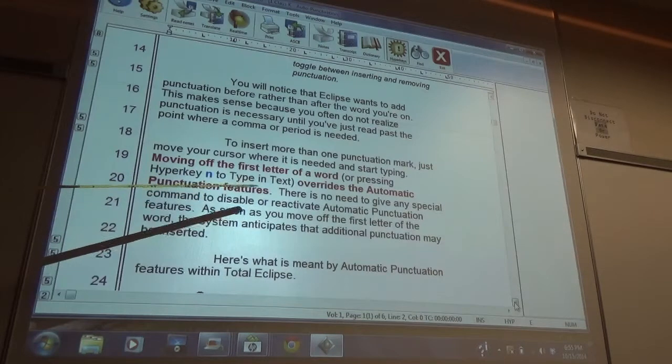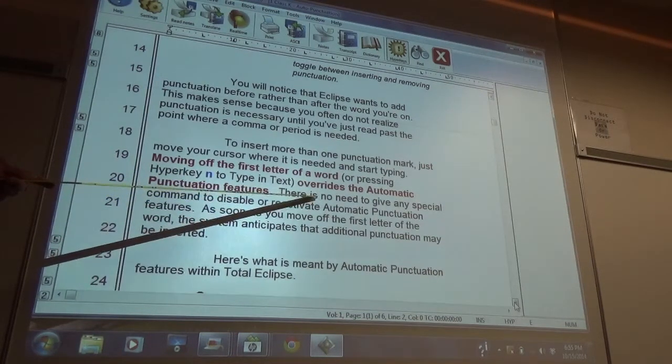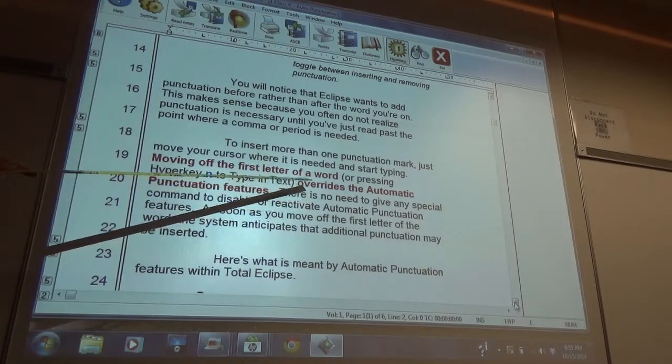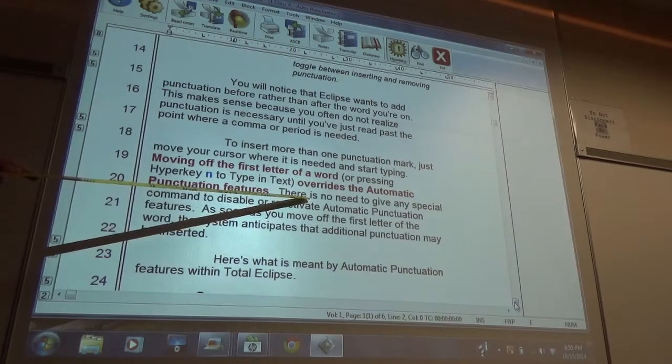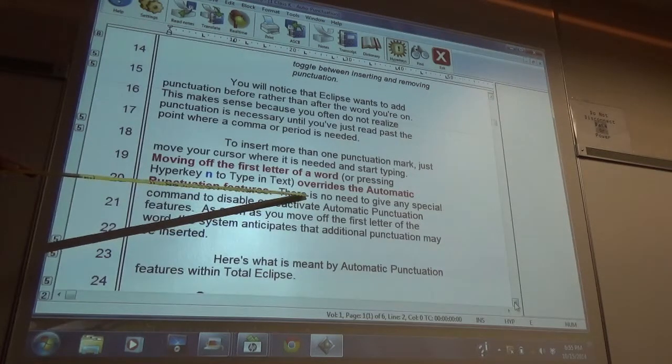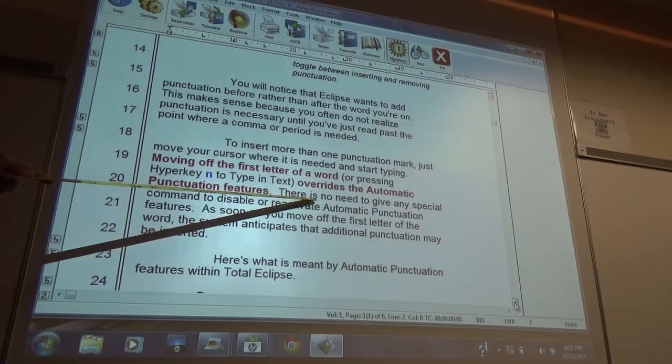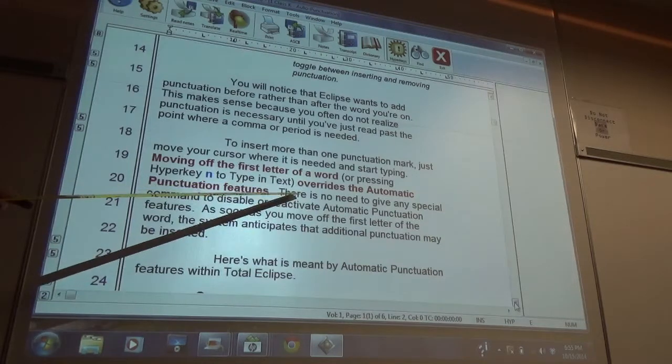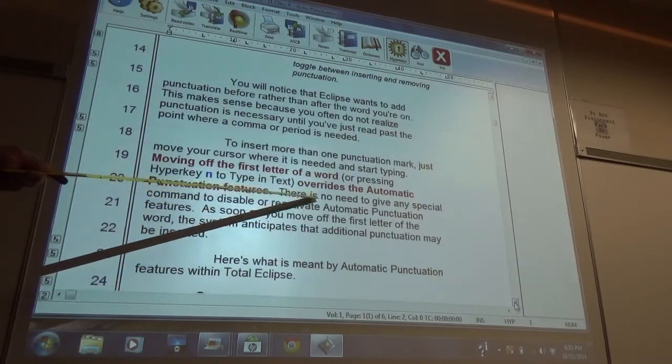If you're in insert and you're here and you want to put a comma, it's going to put a comma right there. It's not going to put a comma right here after the E. It's going to put it right there by the I. So it's going to be there, space, comma. It's not going to be there, comma, space, anymore.